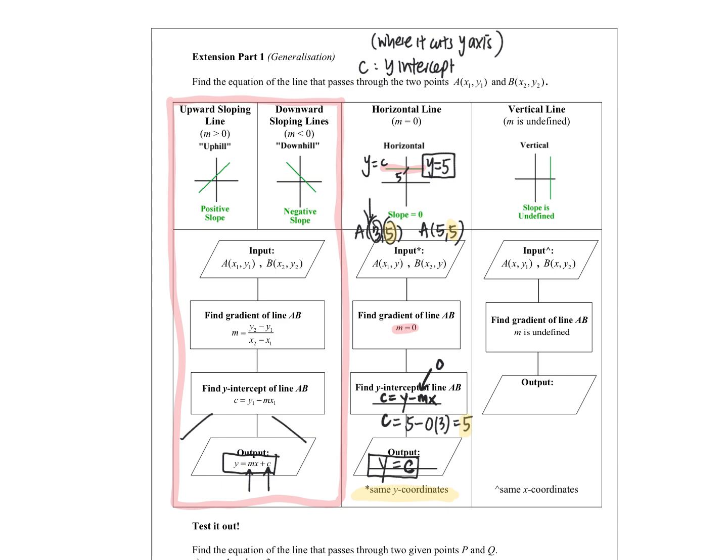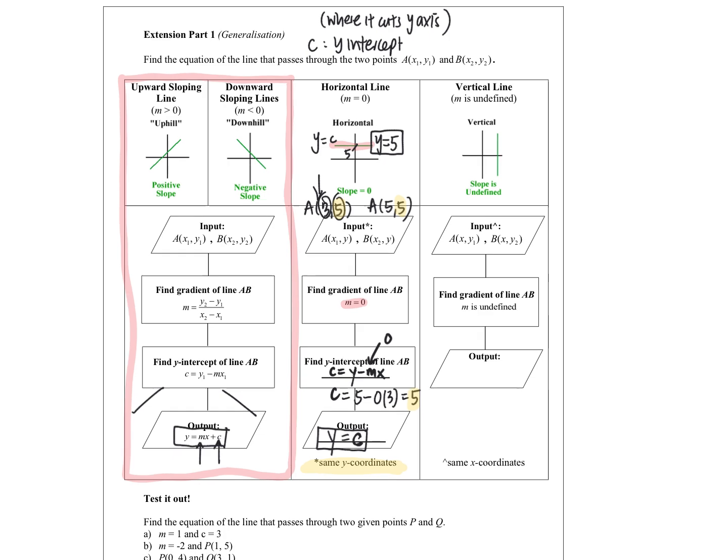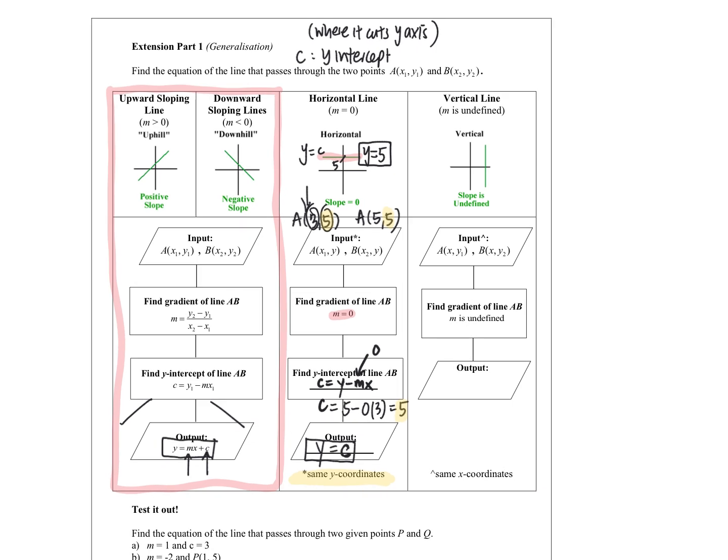Okay? Okay, now the problem is this. What if my gradient is undefined? Okay, what if my gradient is undefined? Because let's say this is my coordinate 3, 5 and then 3, 8.